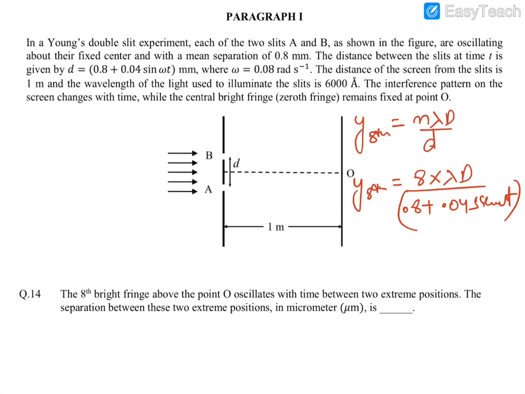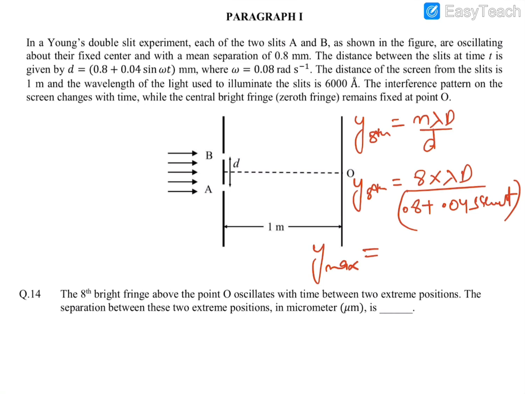Okay, so we know that y max, which is the maximum height of the 8th bright fringe from O, will be at the time when the denominator would be minimum. So sin omega t is minimum when it has a minimum value of -1.